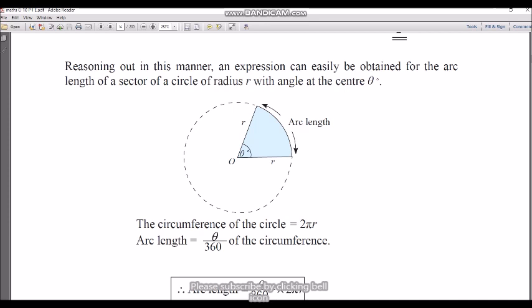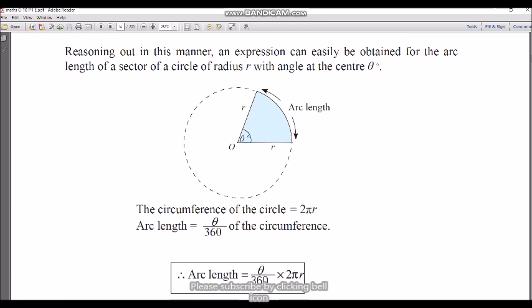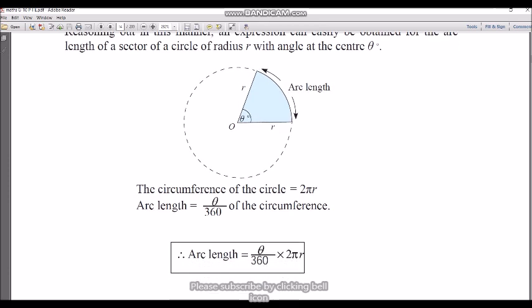If the circumference of a circle is 2 pi r, that is for 360. So what is the arc length for a theta value? We have to divide 2 pi r by 360 and multiply by theta. So from that we can get the arc length.